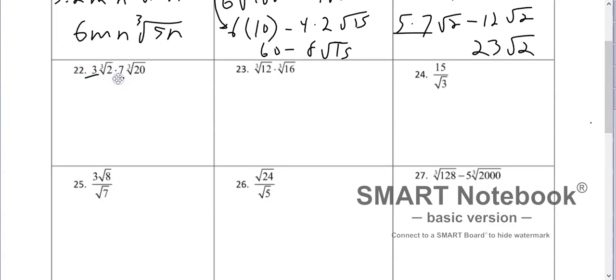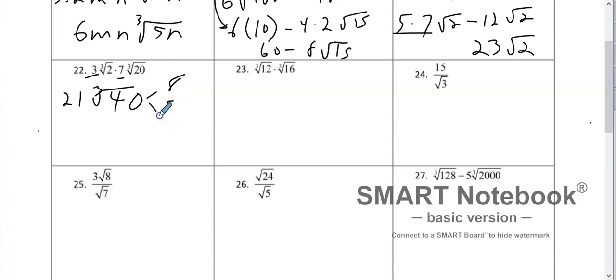Again, just the numbers times the numbers on the outside is 21. Radical 2 times radical 20 is radical 40. Sorry, it's not square root radical, it's a cube root. Little 3 here. That's very important because I don't want to do 4 times 10, because I'm looking for cube roots.